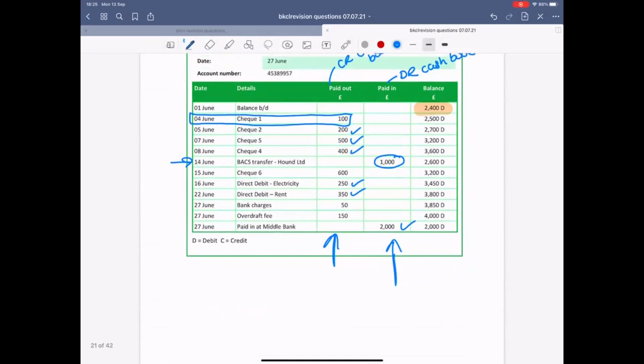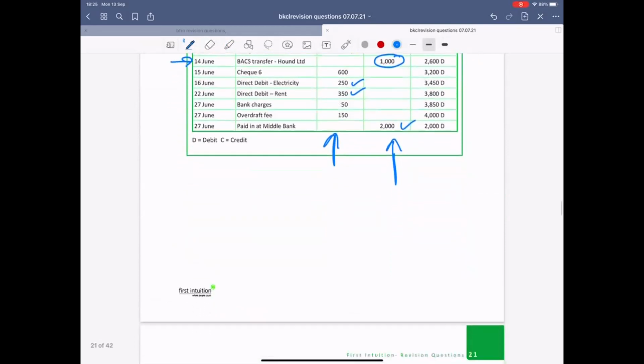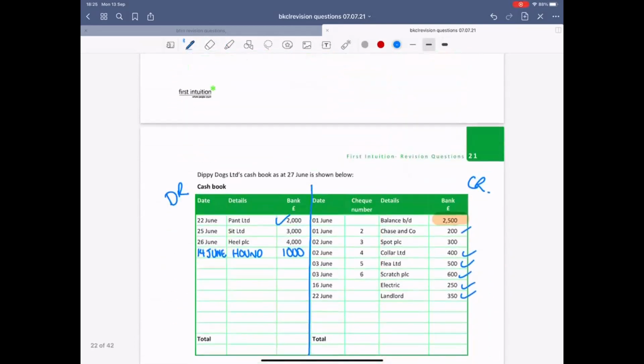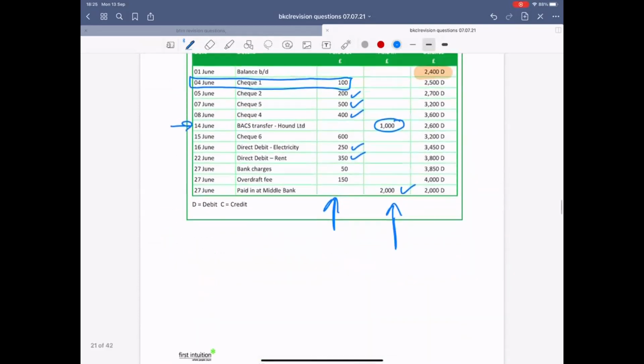So it looks like we've accounted for that on a previous page of our cash book, because this is an overdrawn bank balance. So if we included that 100, we'd already included it in our cash book to show that we've gone down to 2,500, which is where this cash book starts. This bank statement will start after that £100 has gone through.